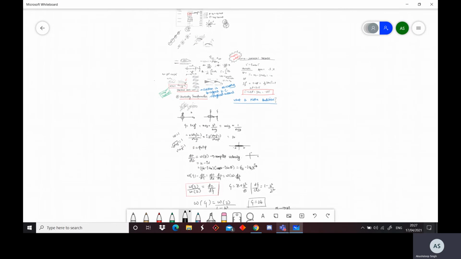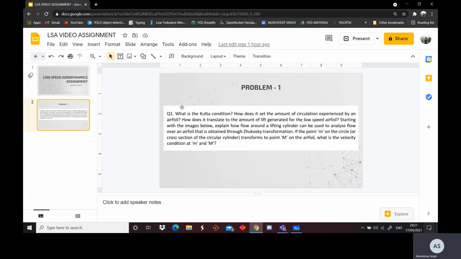I'll just summarize it once. The problem was to define the Kutta condition, which we have defined, and how it sets the amount of circulation out of infinite possible choices, and also how it translates to the amount of lift using the Kutta-Joukowski theorem for a low-speed airfoil particularly. So the first part of this problem statement has been explained: the Kutta condition and its setting of circulation, and also the Kutta-Joukowski theorem.